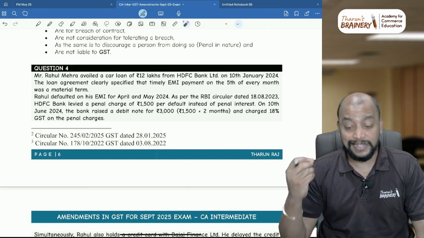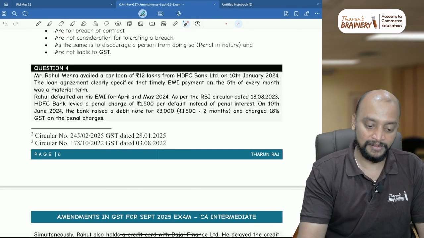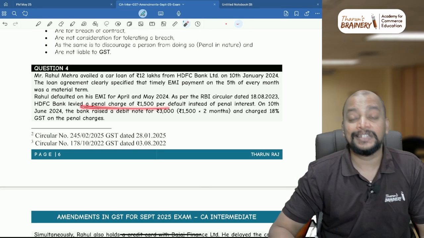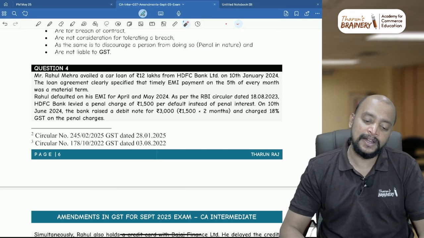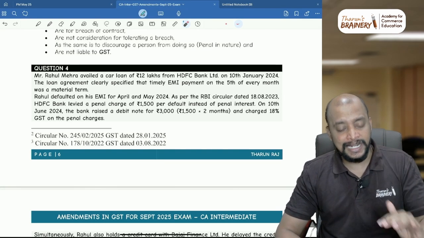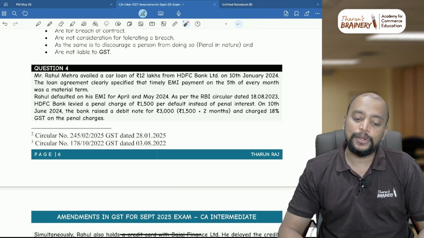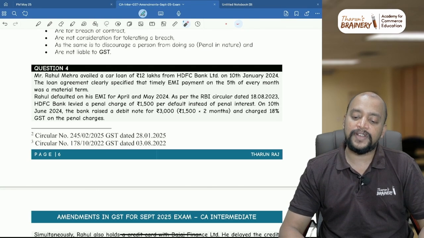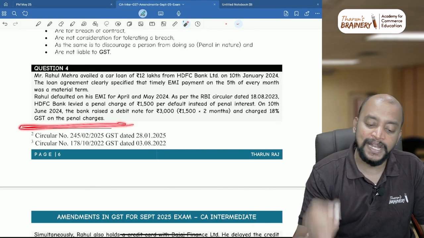As per RBI circular dated 18/8/2023, HDFC Bank levied a penal charge, not penal interest, of 1500 per default. On 10th June, the bank raised a debit note for 3000, that is 1500 into 2 months, and charged 18% GST on the penal charges.